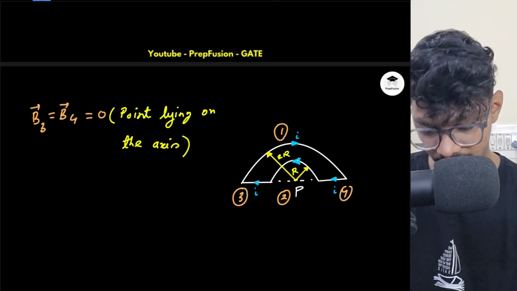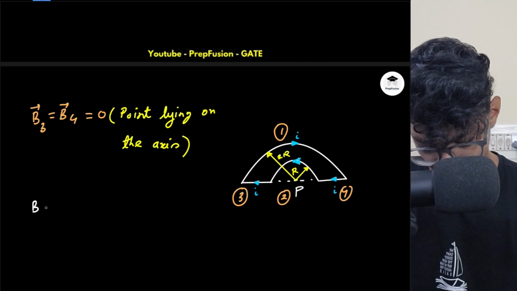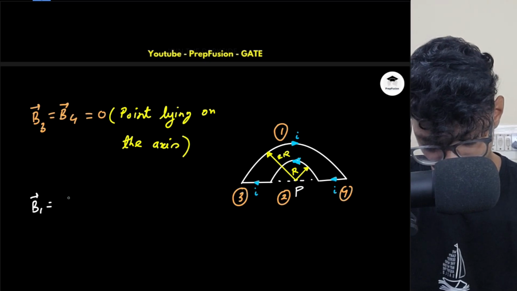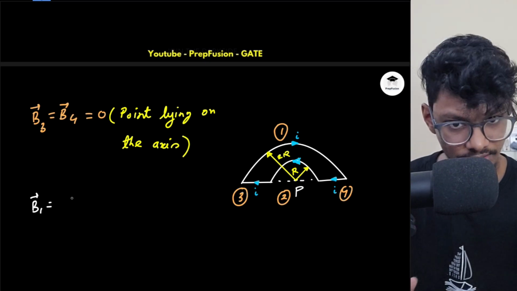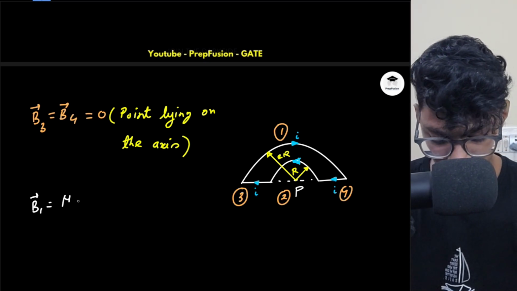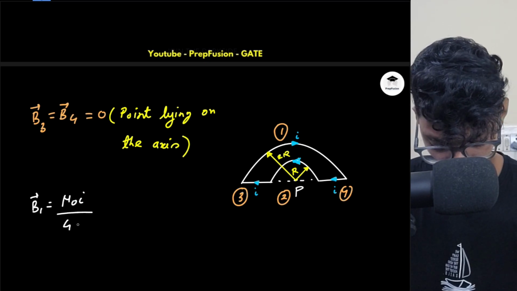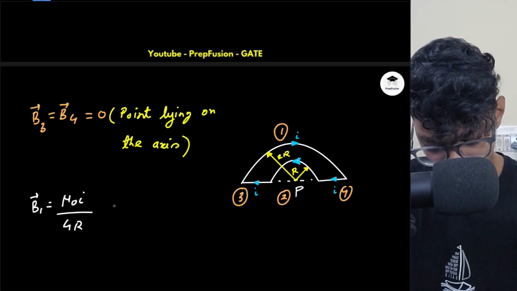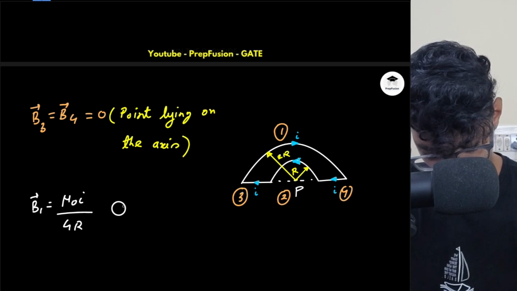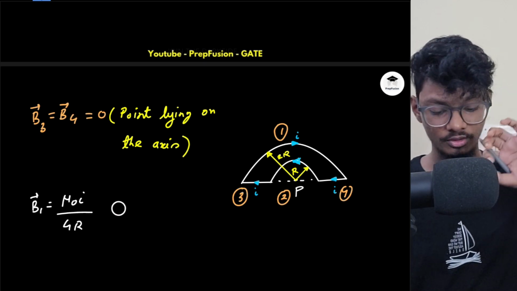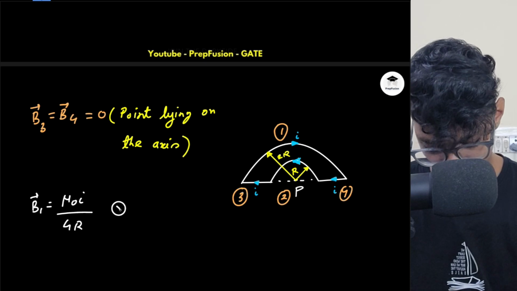So I can directly write the magnitude. What is the value due to the semicircle? It is mu naught I by 4R, and it is going inwards, so this will be cross.